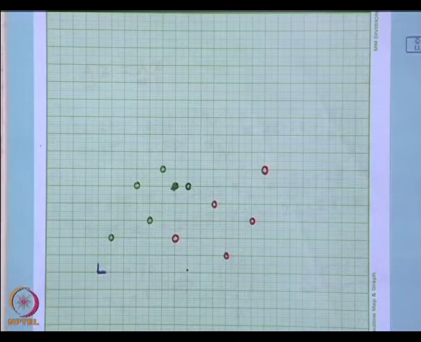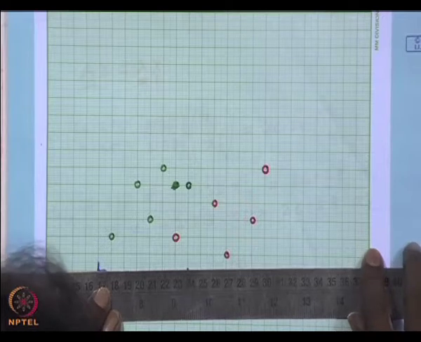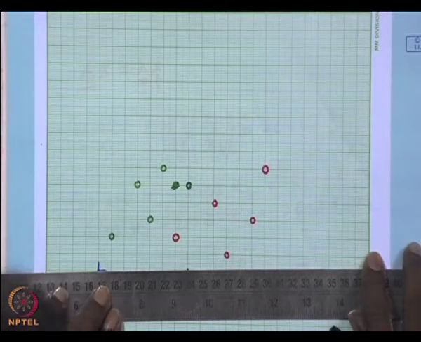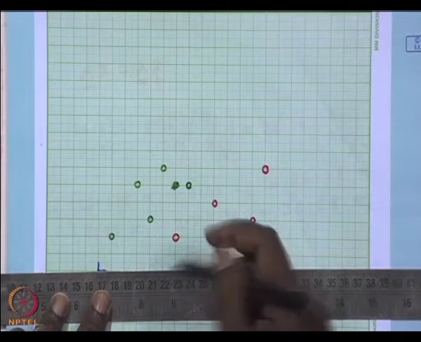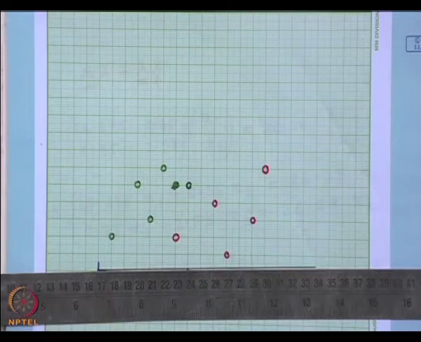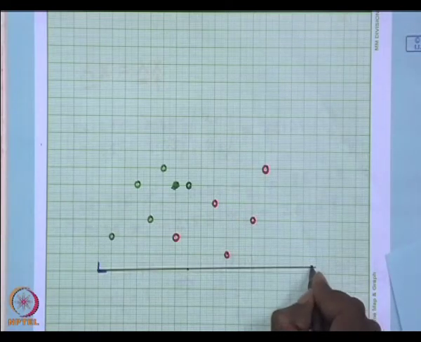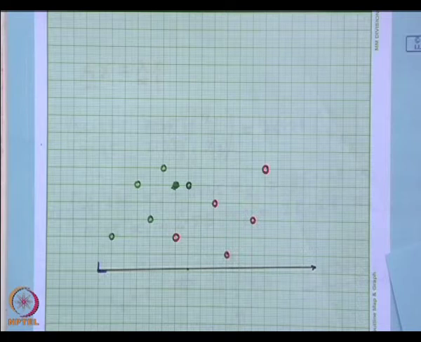It will pass through a point somewhere over here. So, I will take a scale to get the direction of this eigenvector, which is this. Okay. So, this is my direction of the eigenvector corresponding to the maximum eigenvalue.